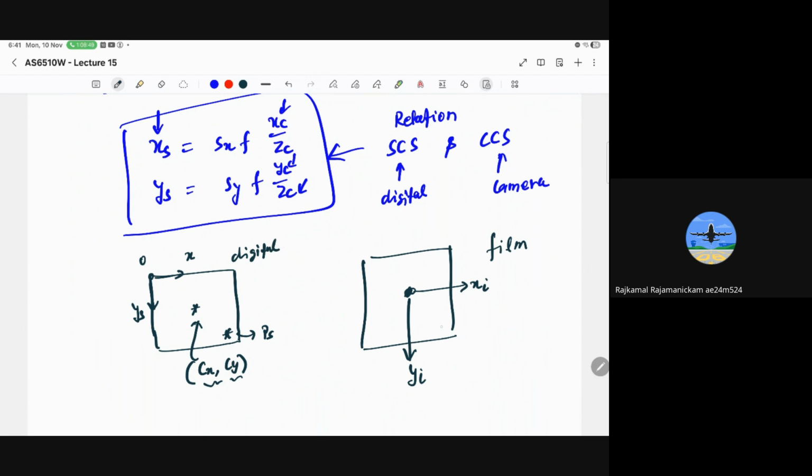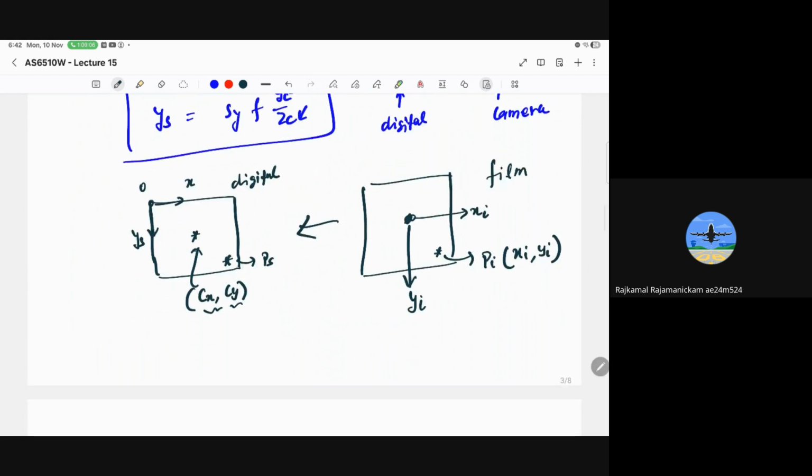Okay, and then let us say there is a point here which we are trying to track, the point Pi, which would have coordinates xi comma yi, right? So from the direct transformation which we have done here, xs is related to, so this is the point in the digital image, which will have xs comma ys.